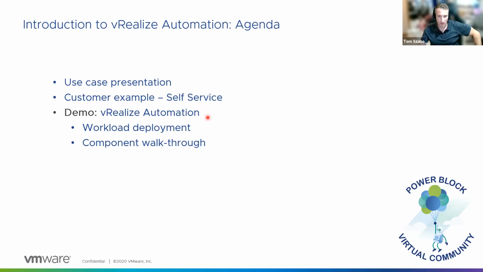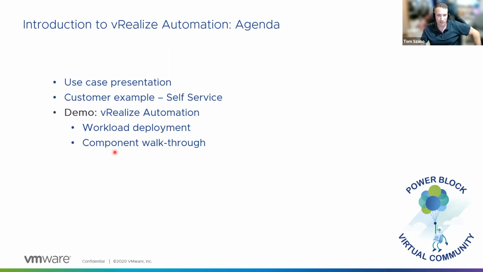We'll talk through their approach prior to moving to self-service, and where it's going from there. Then we'll jump into a demo, deploy a workload, and see how that works, choosing some options and watching it deploy based on what we selected.